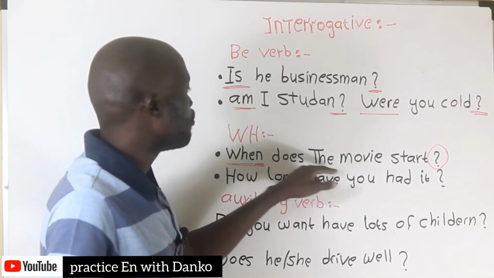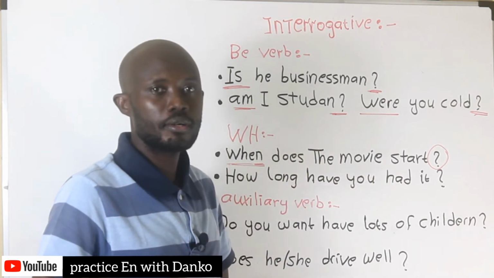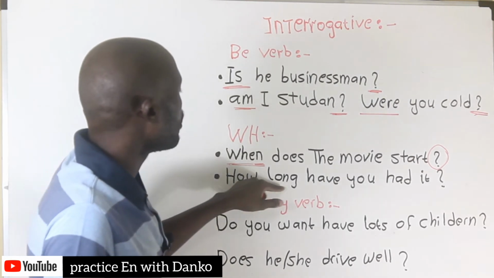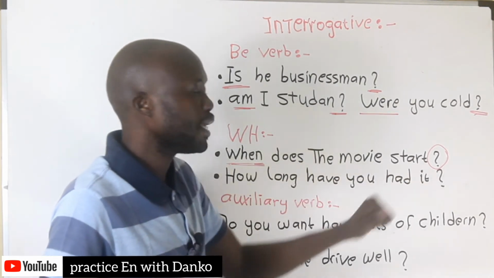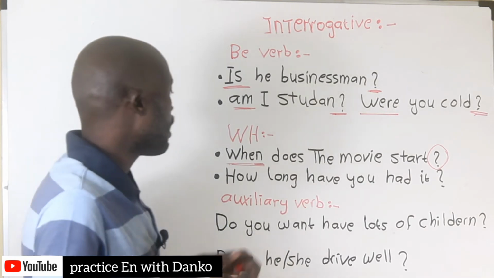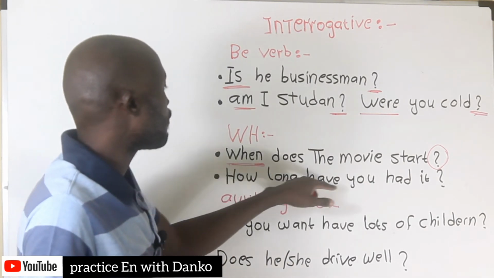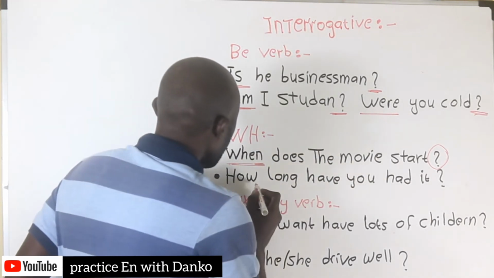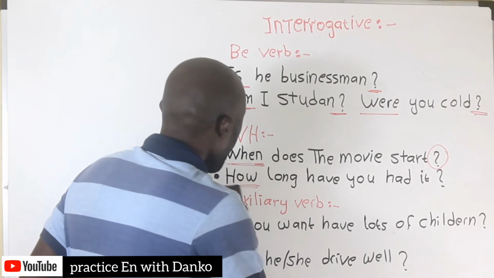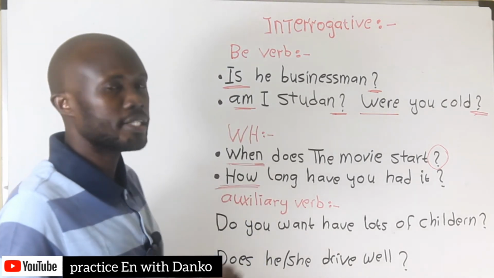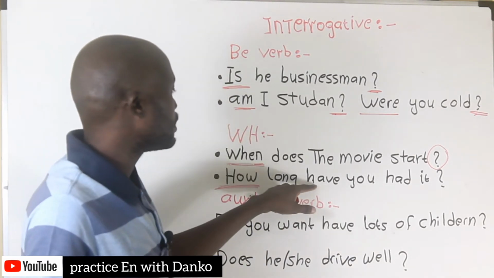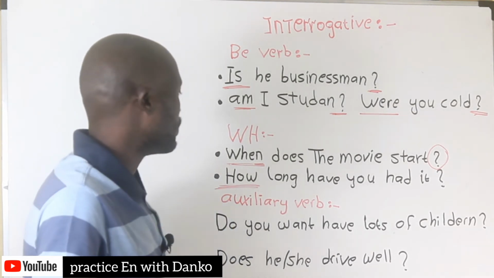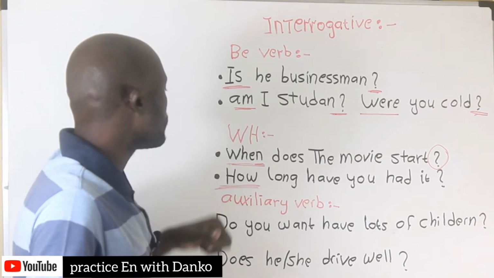When does the movie start? Okay, great. Let's move to the next. How long have you had it? Here we use the WH question word how in an interrogative sentence. This sentence is actually present perfect. Okay, good. That is WH questions.